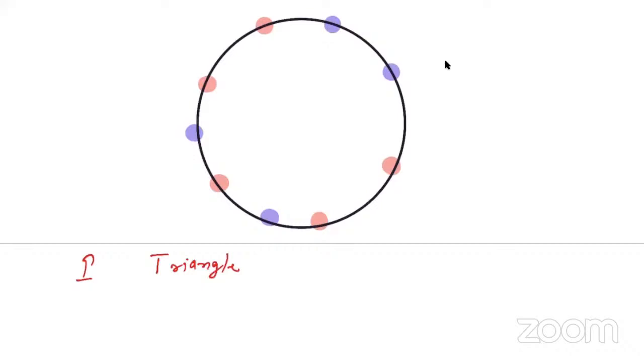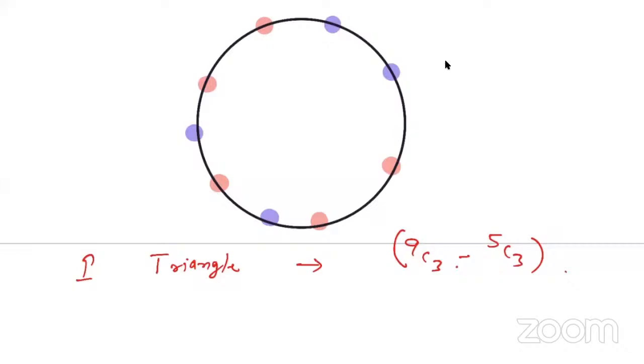At least one blue point must be there, so the total number of selections is 9C3. But in these 9C3, there are cases where all the points are red. If I'm making triangles from the 5 red points, obviously we can't take that, so we have to subtract it.